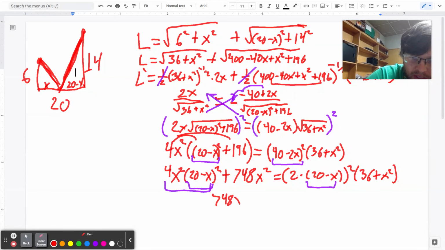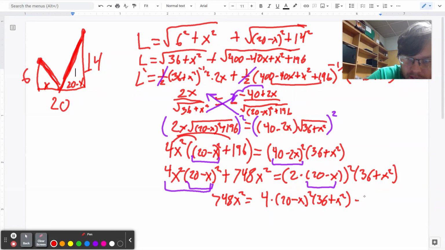So 748x squared equals, if I distribute this, I have 4 times 20 minus x squared times 36 plus x squared, and then I'm subtracting the other piece, 4x squared times 20 minus x squared.